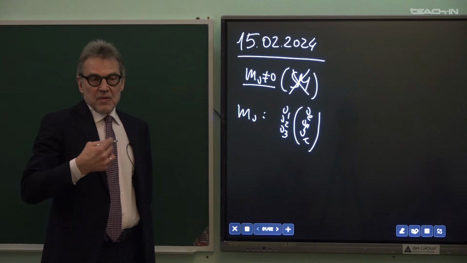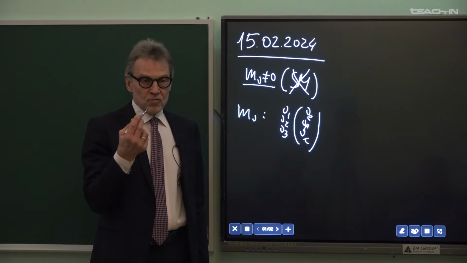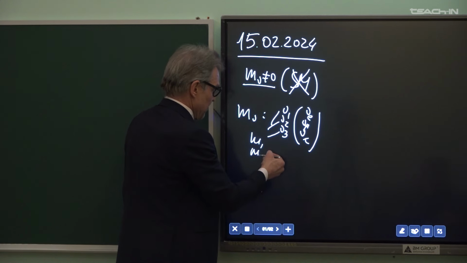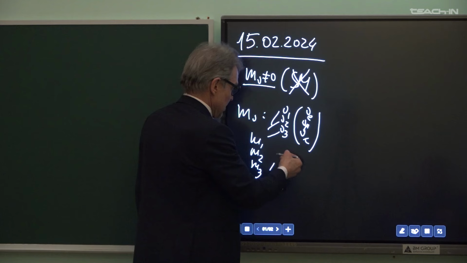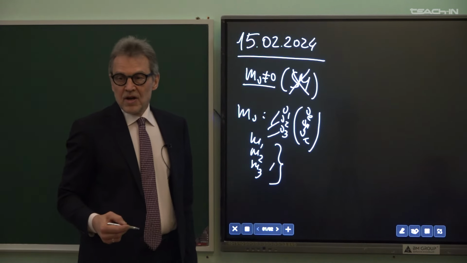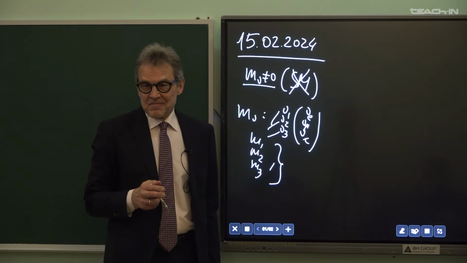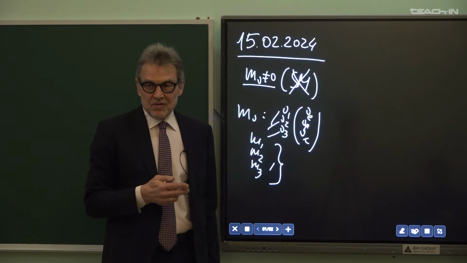From experimental results, we know that at least two of the three mass states of neutrinos are non-zero, and there are no two with equal masses, because we have to explain separately the experiments with solar neutrinos and with atmospheric neutrinos.